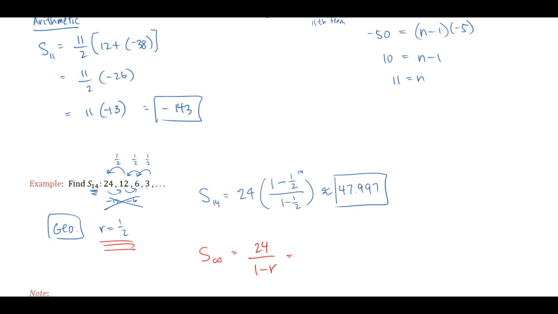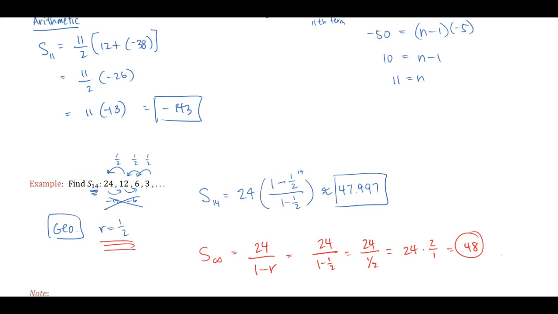So I have 24 over 1 minus a half, which would be 24 over a half, and through the magic of copy-flip, 24 times 2 over 1, which is 48. This number converges on 48, and you can see at 14 terms, we were already close to 48. It's saying that if this list goes on forever, the rest of those terms won't add up to diddly poop, right?